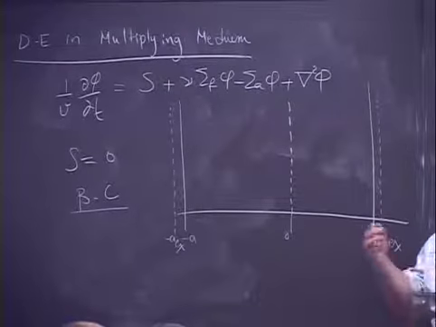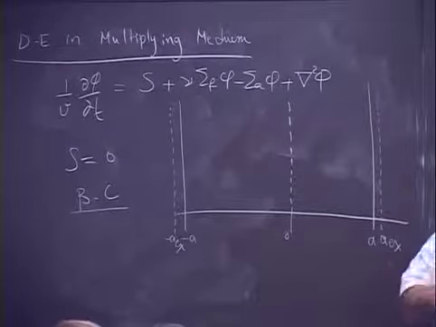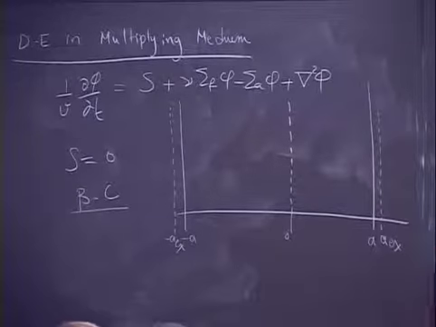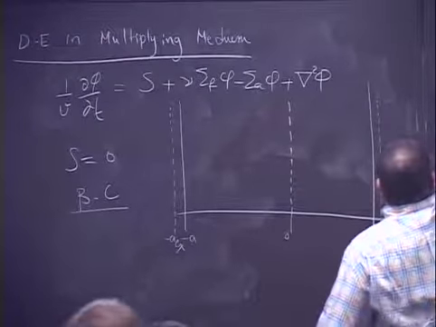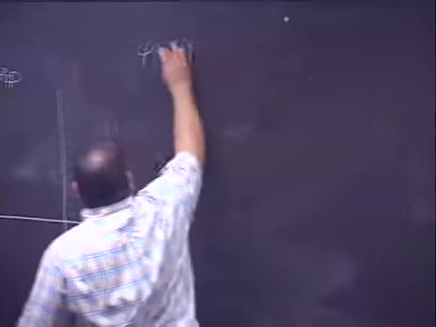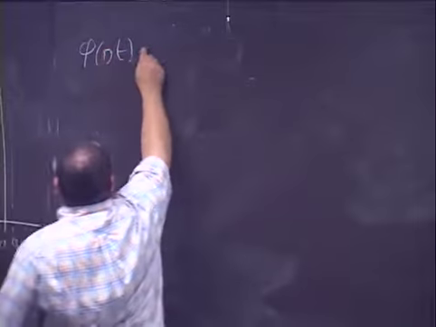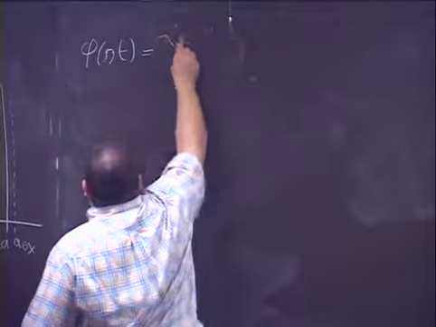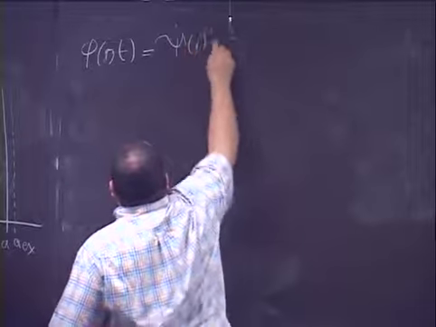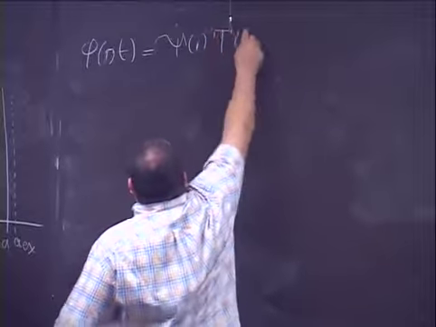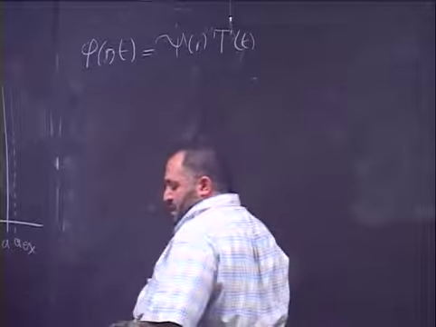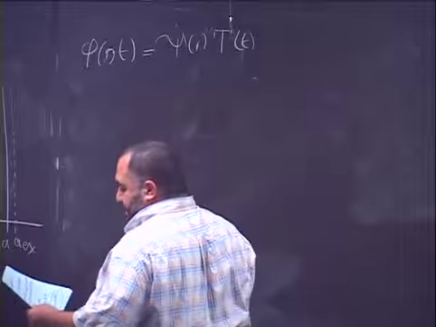So I will have two independent functions. One is a function of space, and the other is a function of time. So I can say phi of r and time t is nothing more than psi as a function of r multiplied by capital T as a function of t. So I can write the flux like this.